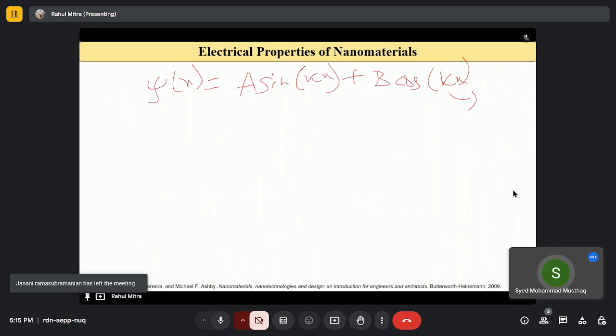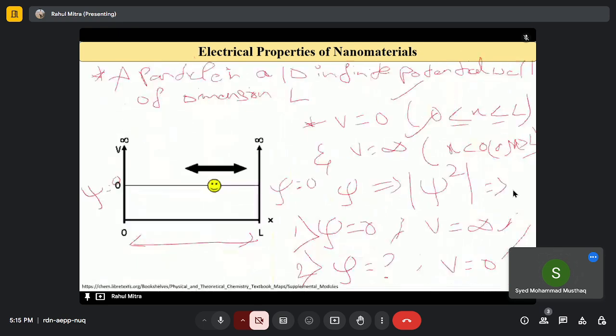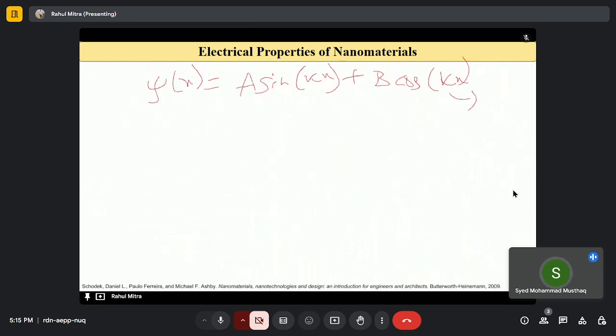So at x equal to 0 and x equal to L, our wave function dies, that is, it will be 0.